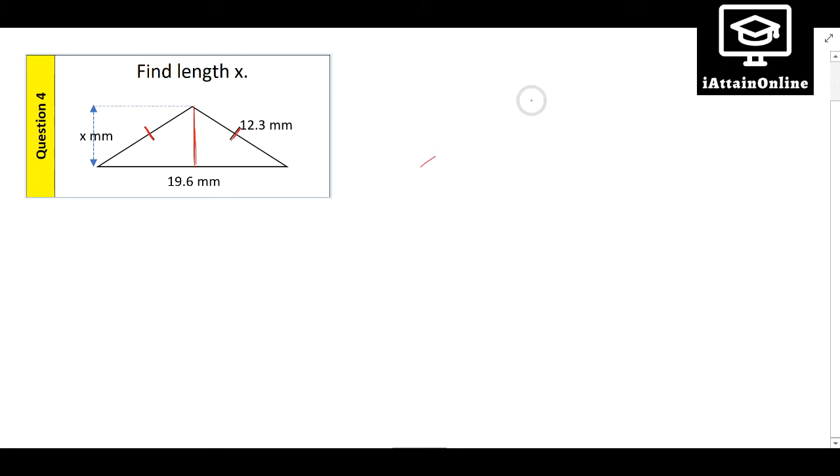So if I just draw out this part of the triangle, this length here, sorry, if I cut the triangle in half, it makes a right angle because this height is what we call perpendicular to the base of the triangle. When it does that, this splits the base of this big triangle in two. So this length here is just going to be 19.6 divided by 2.